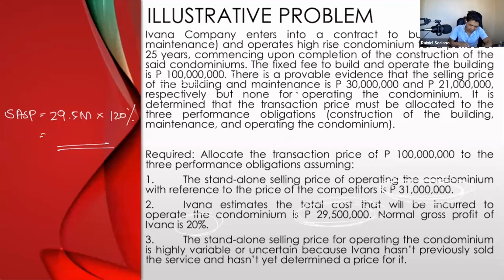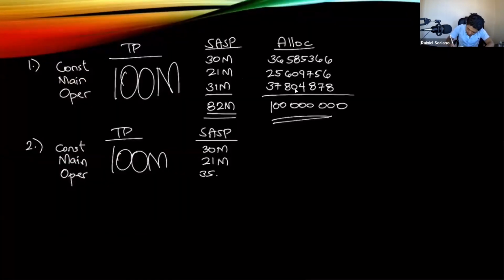So 29.5 million times 1.2 is equal to 35.4 million pesos. So 35.4 million pesos will be the standalone selling price considered here. So 30 plus 21 plus 35.4, the total will be equal to 86.4 million.